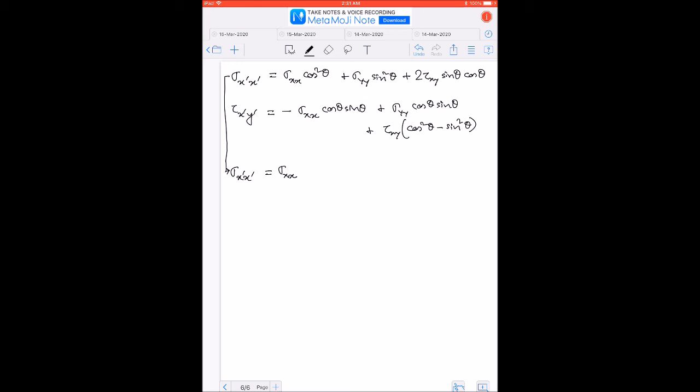So this will be 1 plus cos 2 theta by 2 plus sigma yy 1 minus cos 2 theta by 2, and this one is simply sin 2 theta.